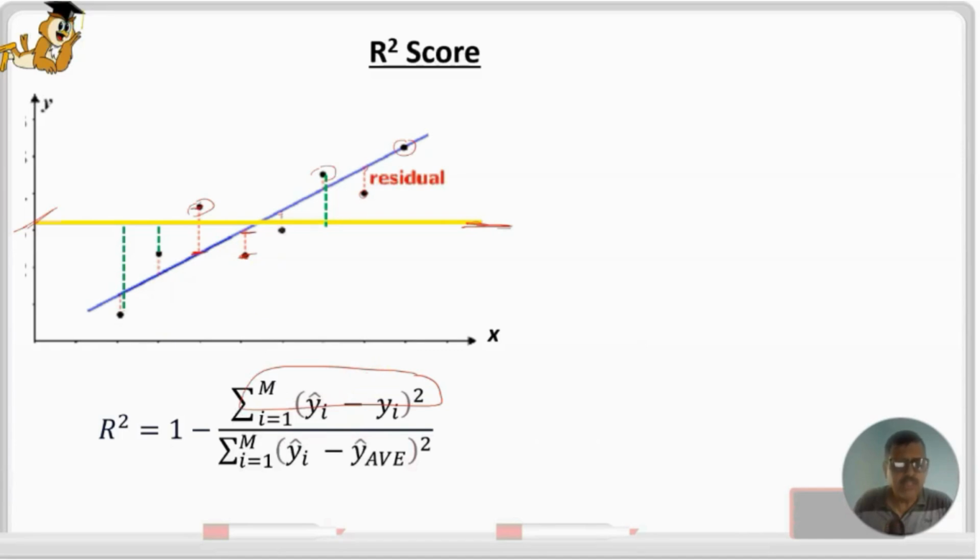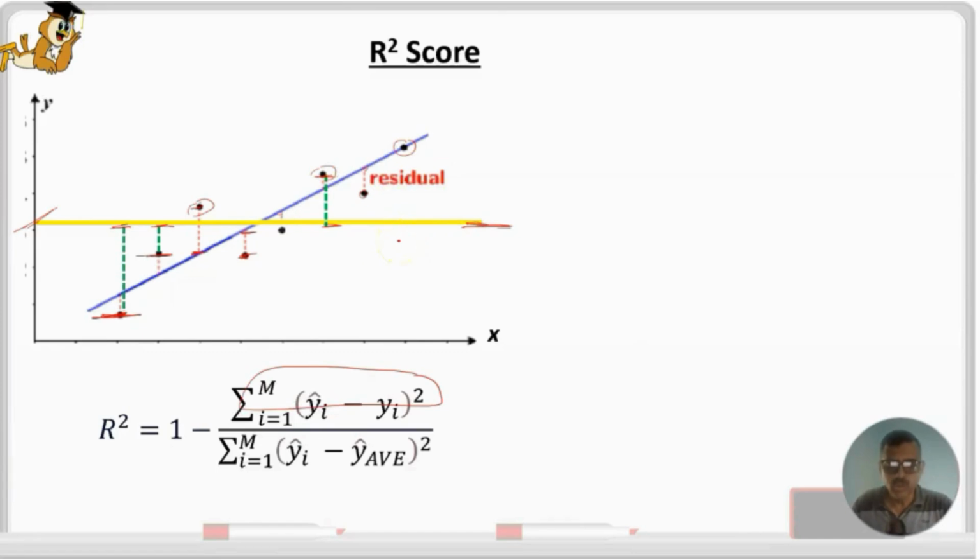The denominator is the sum of squares of the greens. Basically, the difference between the y value of this point and the average y, the difference between the y value of this point and the average y, and so on and so forth.